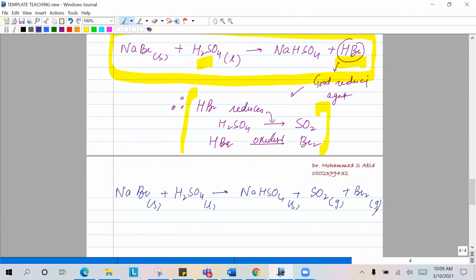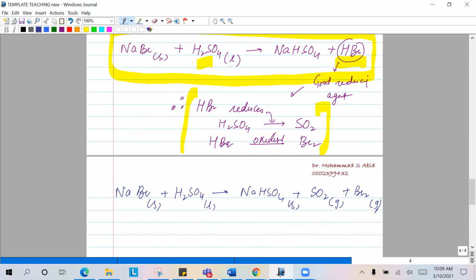You can write gas or liquid because at room temperature it exists as a liquid also, but heat may be generated by the reaction with concentrated H2SO4, so there is a chance of bromine being a gas.